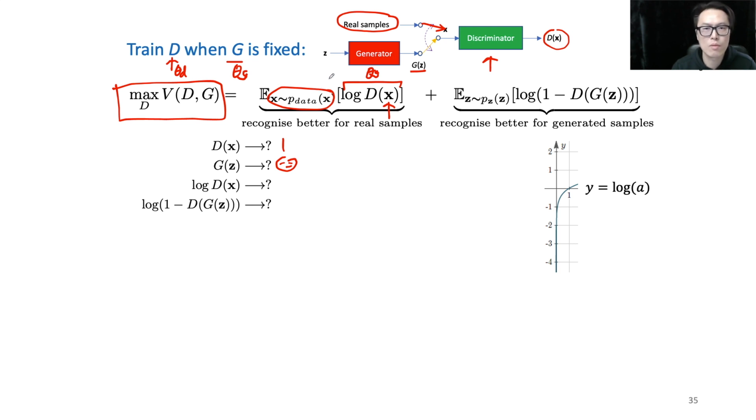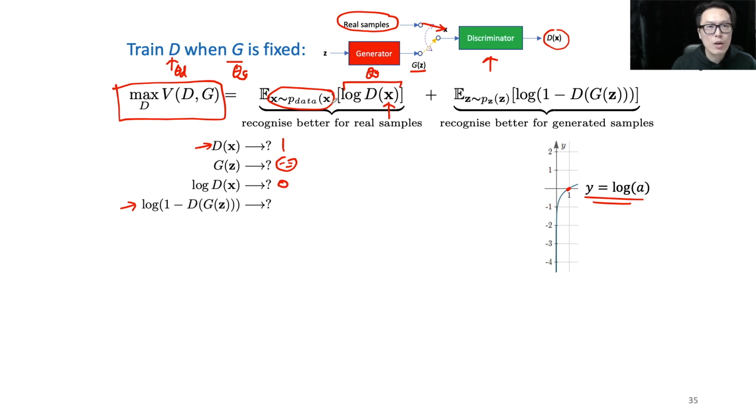According to this log characteristic, when D(x) is 1, we come up with 0. That means we would like the first expectation, log D, to be 0. And then what about this one? Think about that.